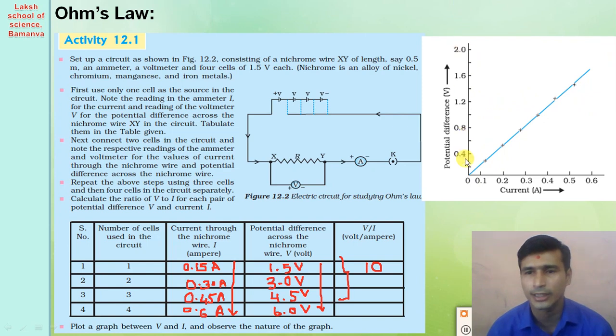So you can say the graph of electric potential versus the electric current is a straight line. And second point is that the ratio of potential difference to the current passing through the conductor is constant. So from this activity we can say that the ratio of the electric potential applied between the two ends of the conductor and the electric current passing through the conductor is constant.